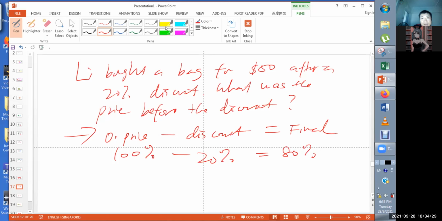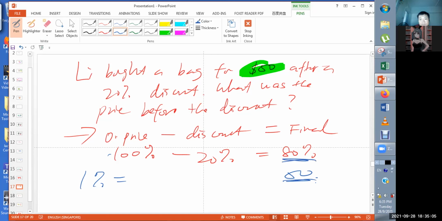Yep. So the bag bought at $50. So 50 is here. So how much is 1% in this case? 1% is 50 over 80. 80% is $50.